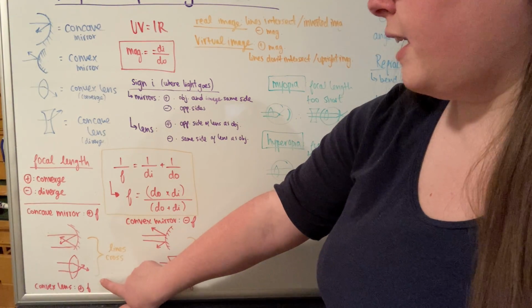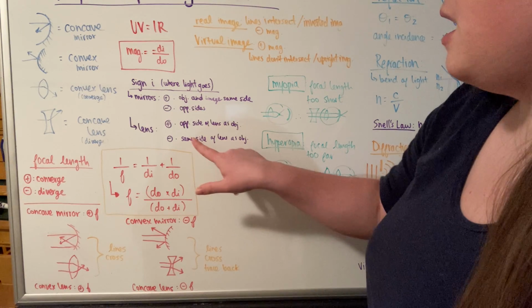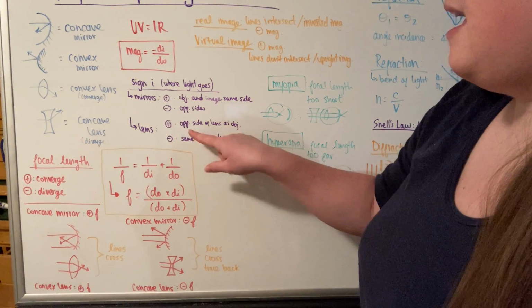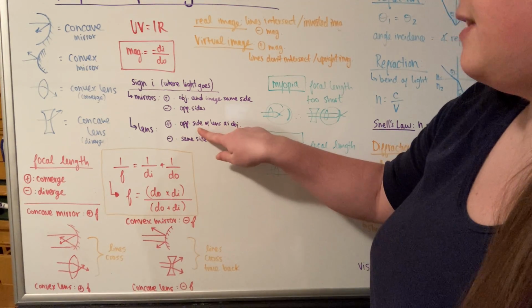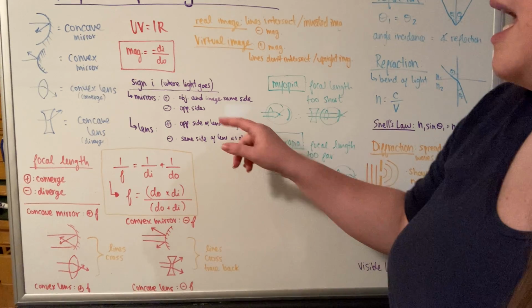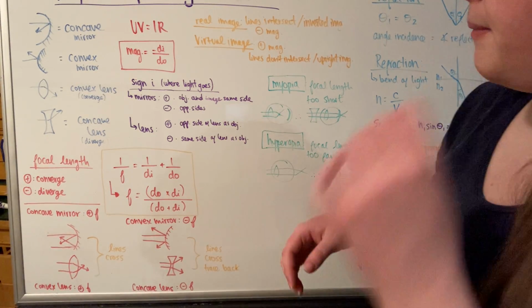And for the convex lens, now we're looking at lenses. For lenses, it would be a positive image distance if the image is on the opposite side of the lens as the object. We say where the light is going, so you know where that image is actually going to be, right?